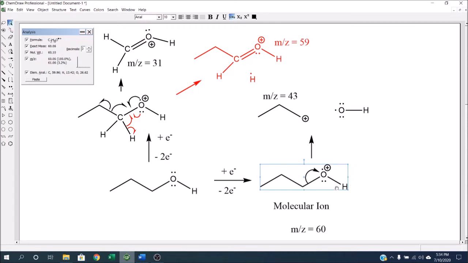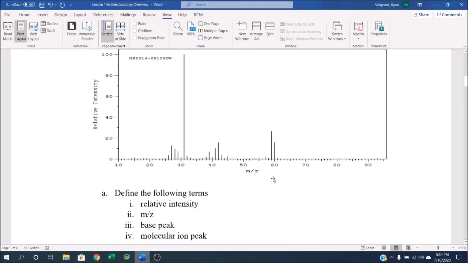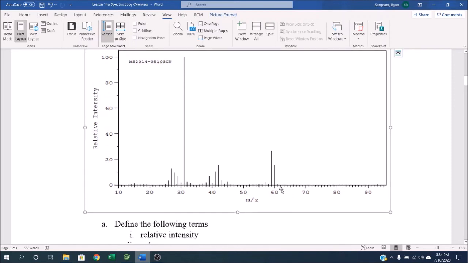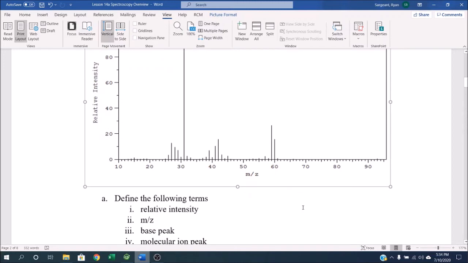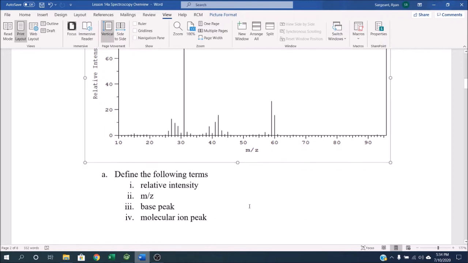In any event, what happens in every mass spec is you're going to end up with what's called the M+1 peak. It's just a little blip here in this particular spectra. If I stretch it a little bit, you might be able to appreciate it. There's 60, and at 61, you'll see that little teeny blip. That blip is common, and that blip specifically refers to the presence of carbon 13 or H2, which is called deuterium.